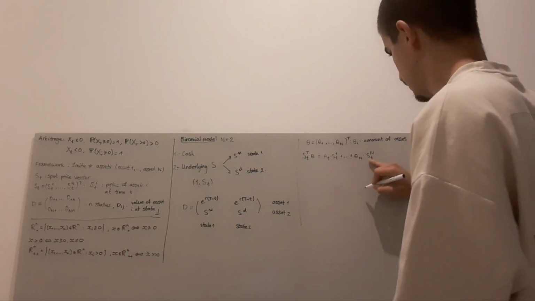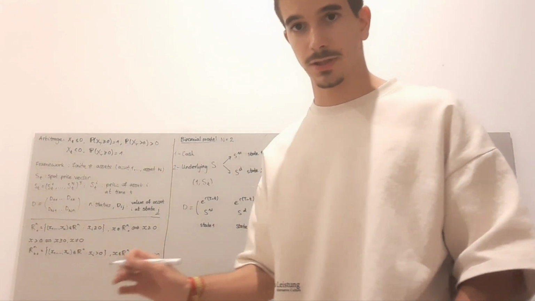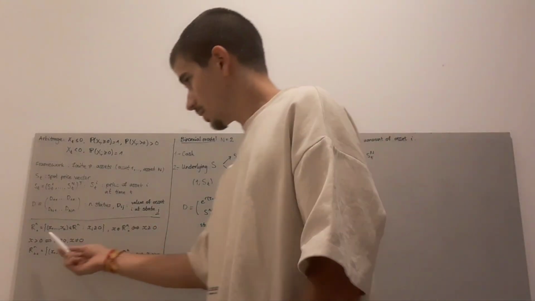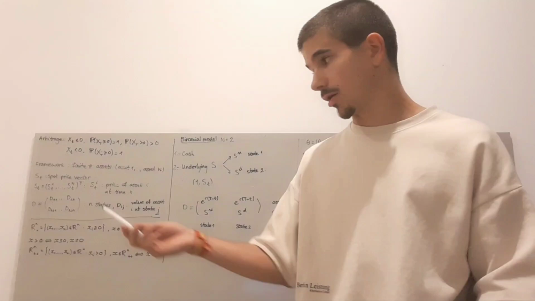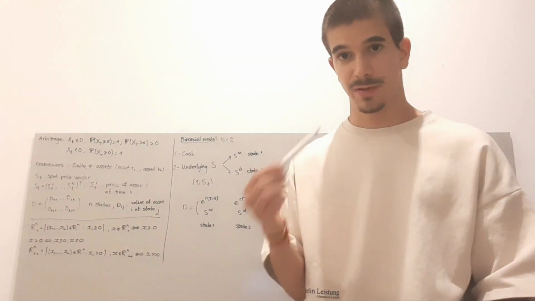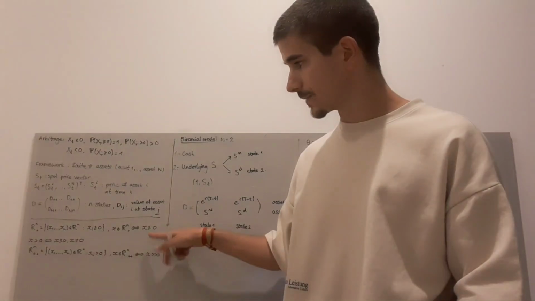Now finally, let's address this. This is just going to be notation that we're going to be using for vectors. R^n plus is going to denote the vectors in R^n with every single entry being non-negative, and we're going to denote that by greater than or equal to 0.